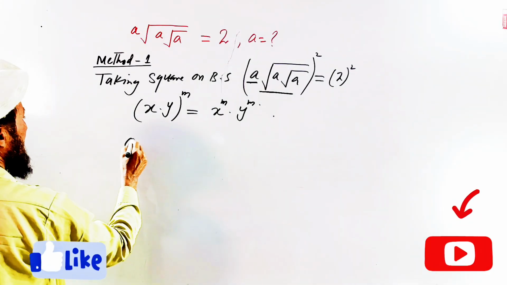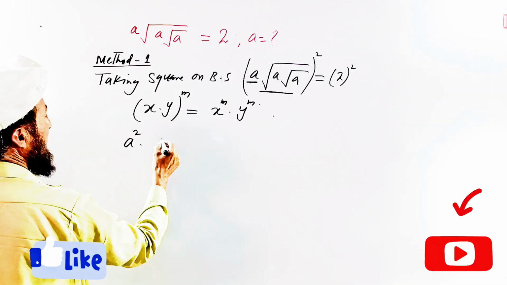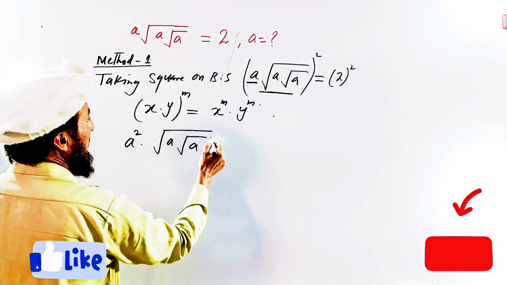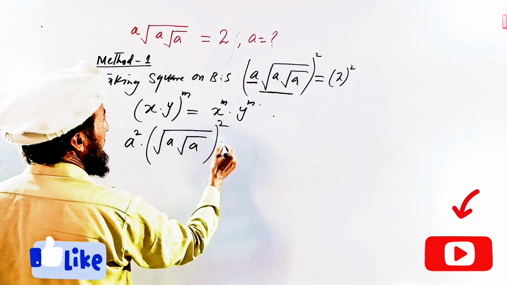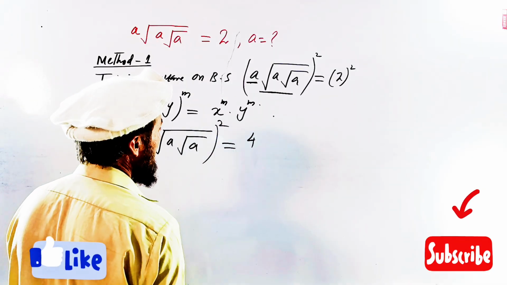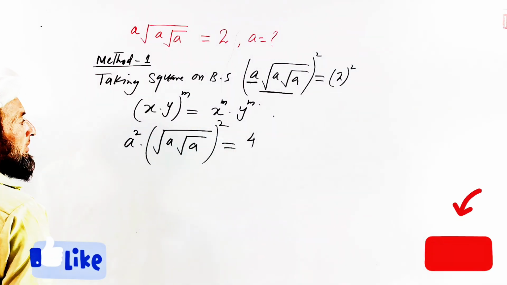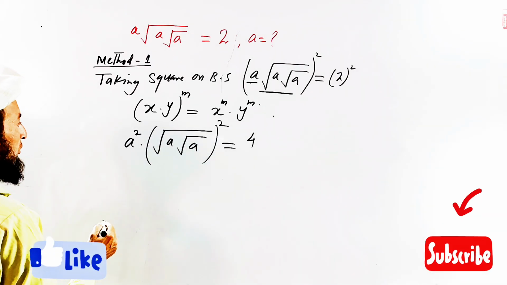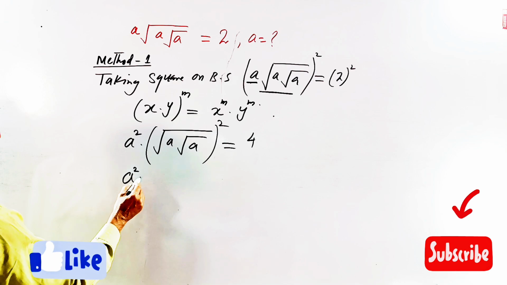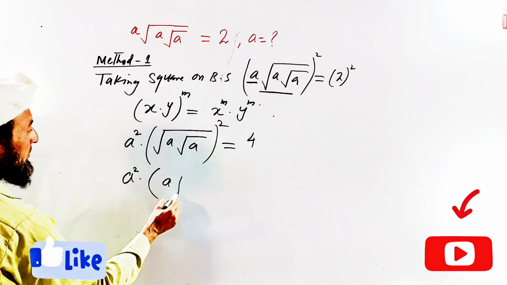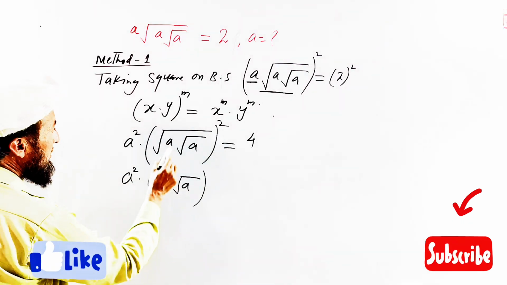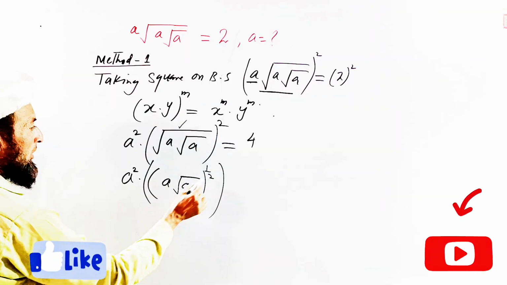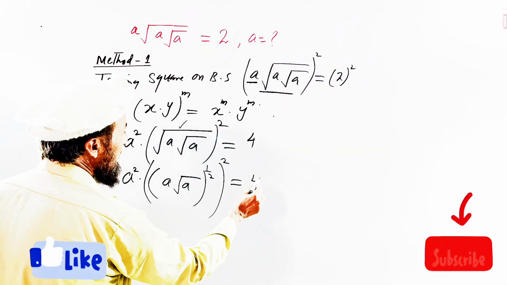So we can write a square into the square root of a, under the square root, whole square is equal to 4. Now, considering this square root is equal to 1 by 2, a square into a to the 1 by 2, whole square, is equal to 4.